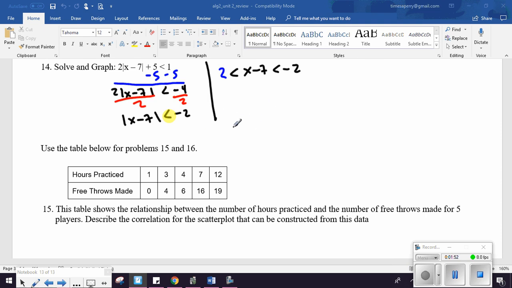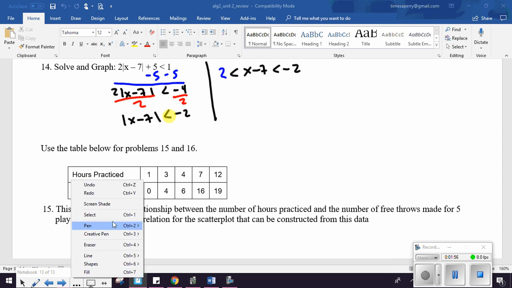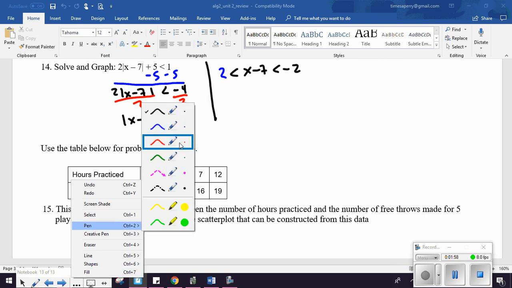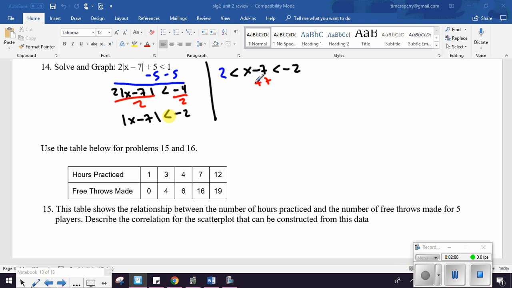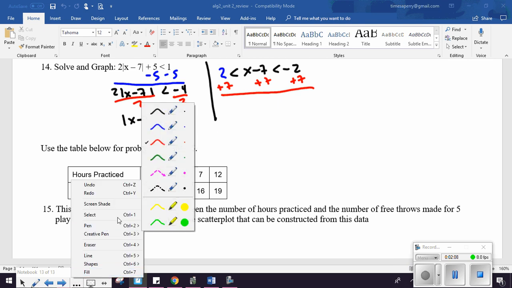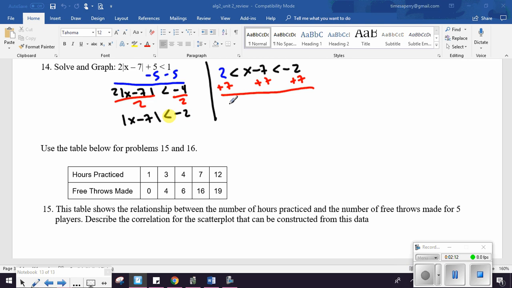Now get x by itself in the center. So add 7. You would get 9 is less than x less than 5.